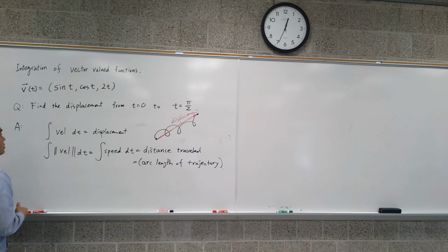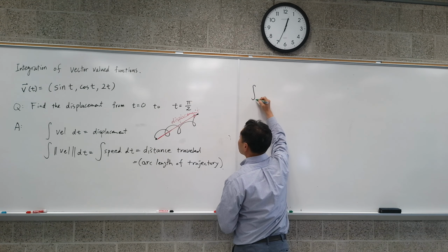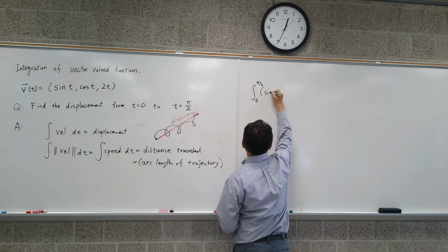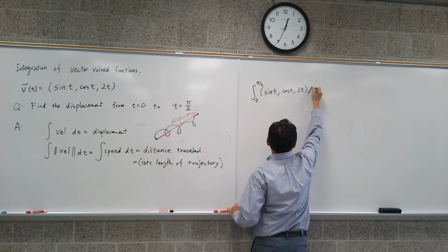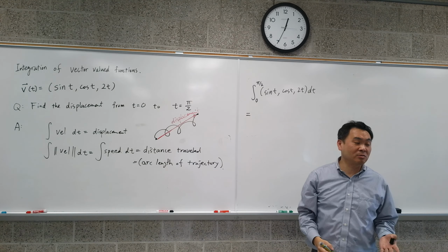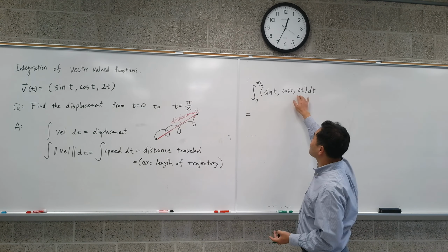All right, so let's actually do the computation. You integrate from 0 to pi over 2 all of this, sine t, cosine t, and 2t. You integrate just like regular integration, except you do it component-wise.